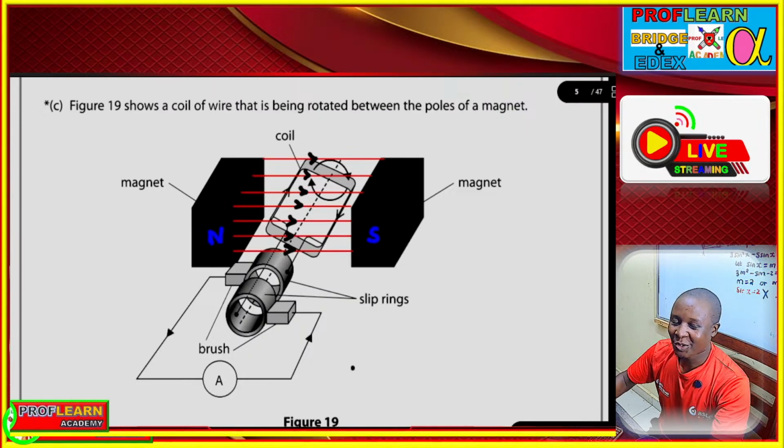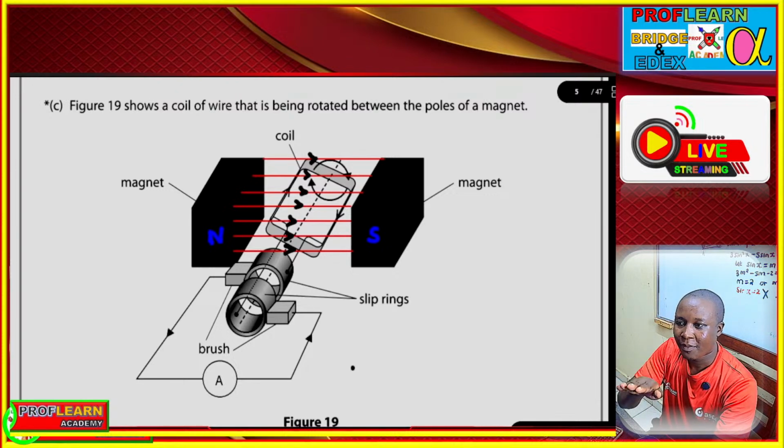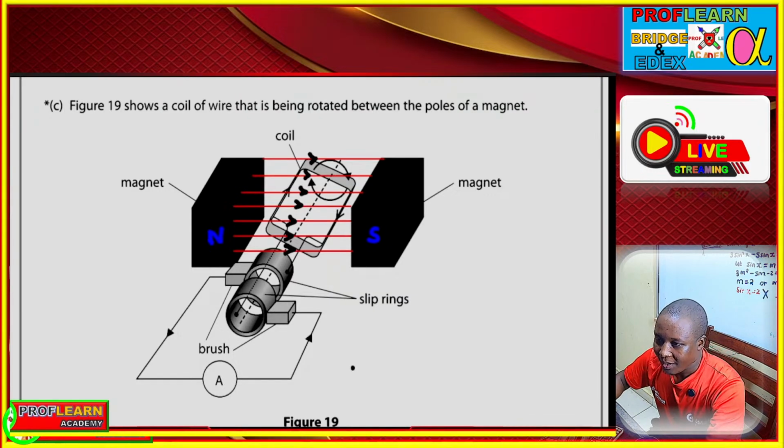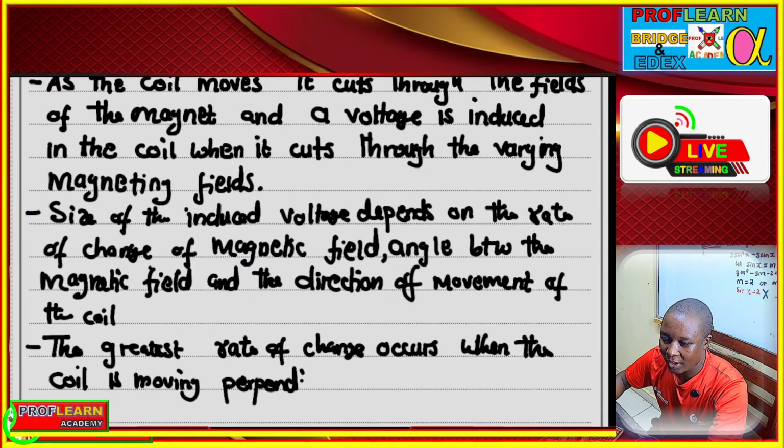All right, so what I'm saying is, when the coil is rotated within the magnetic field, that coil is going to cut the field. And when a coil cuts through the fields, we have an induced EMF in the coil, which results in the flow of current. So I'm going to write how you are supposed to structure your answer.